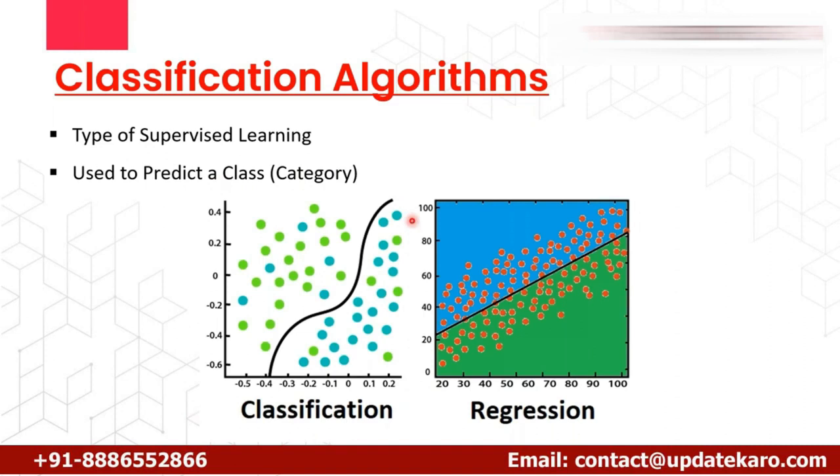In real life you will find a few blue data points, as well as a few green ones, in this particular blue region, let's say. Also here you will find that most of the data points are green, and here most of the data points are blue.